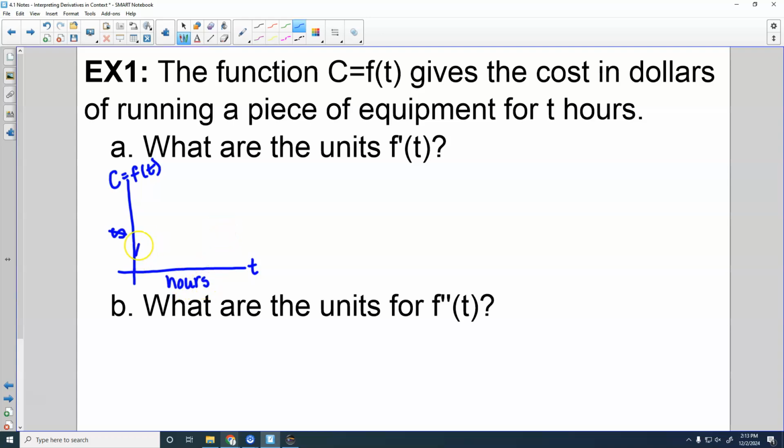So I don't know what this looks like, right? But whenever I find a derivative, I'm finding that instantaneous rate of change, right? So I'm looking at what my change in y over my change in x is for that tangent line.